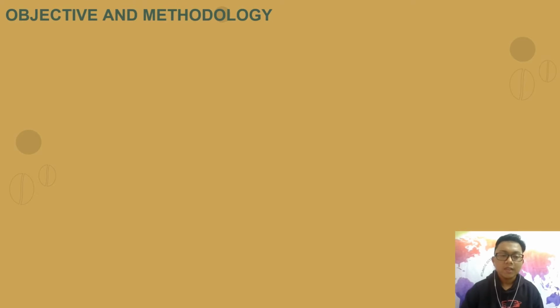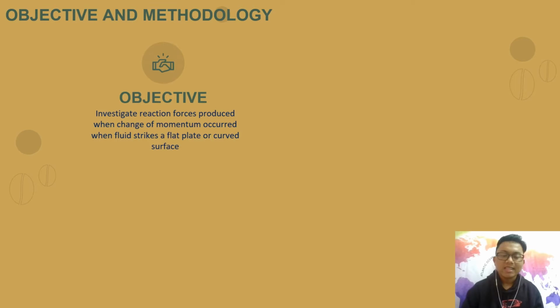So for the objective and the methodology of this experiment, the objective is to investigate the reaction forces produced when change of momentum occurs when fluid strikes two different plates, which are a flat plate and a curved surface plate.